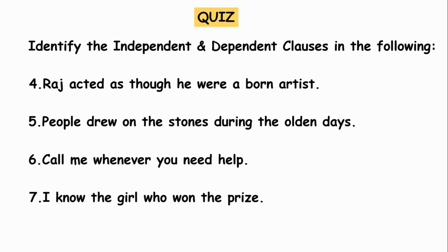I know the girl who won the prize. So these are the 4 sentences for the quiz. Just go back to the practice once again and see how to identify the independent clause and dependent clauses and apply the same thing over here as well. Hope you will participate in this quiz as well. Let me know your answers either through mail or in the comment box.